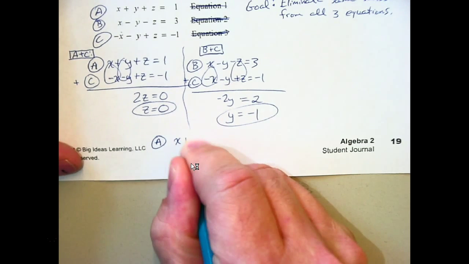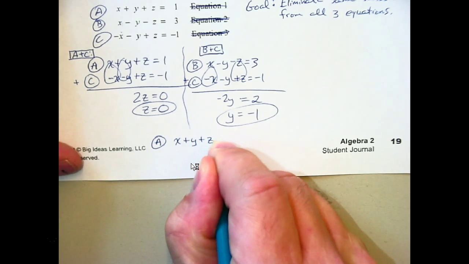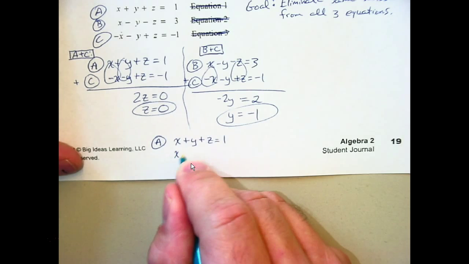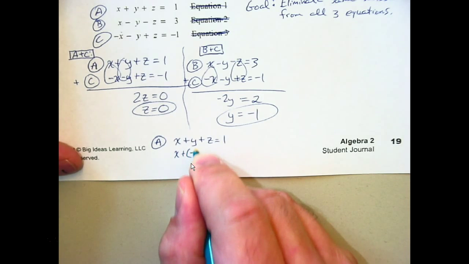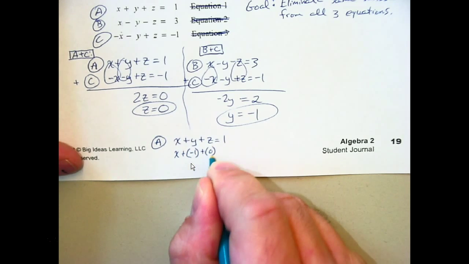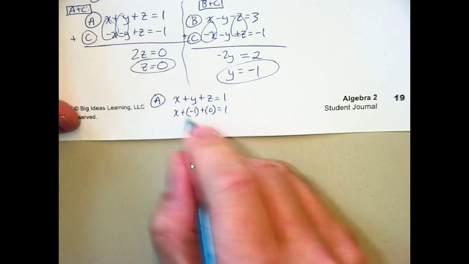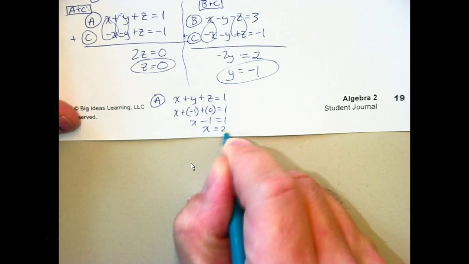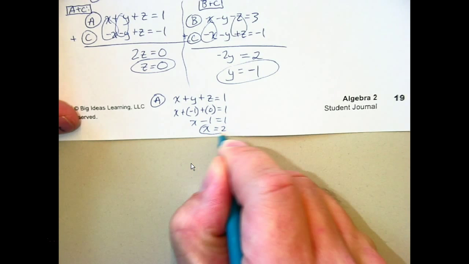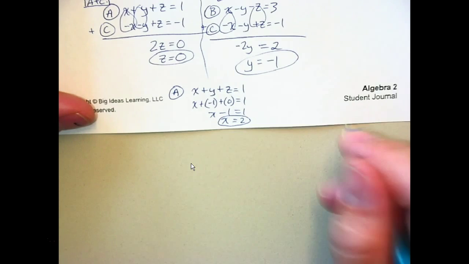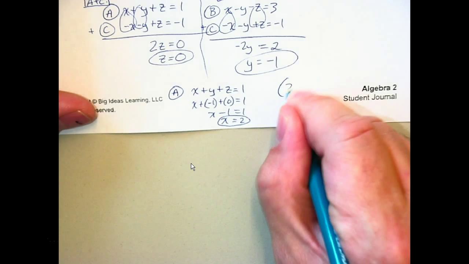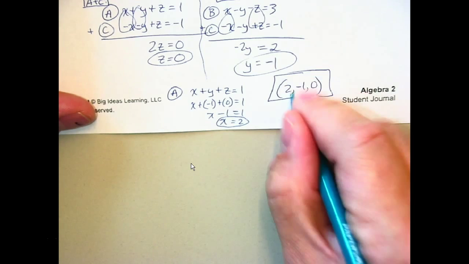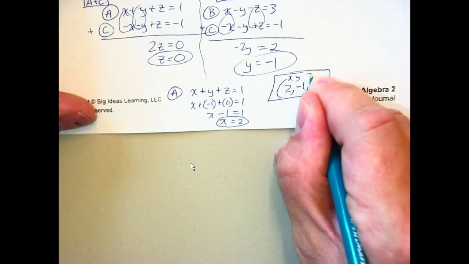If I take equation A and plug in z and y, and then solve, x equals 2. That is an ordered triple of 2, negative 1, 0: x, y, z.